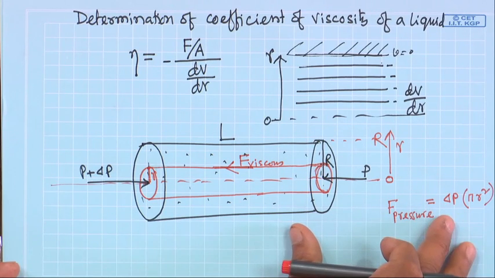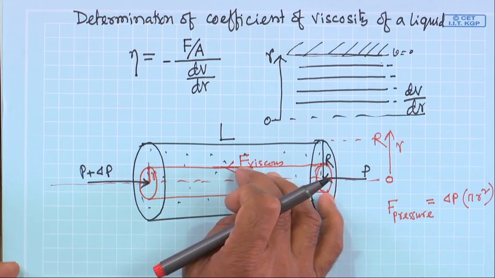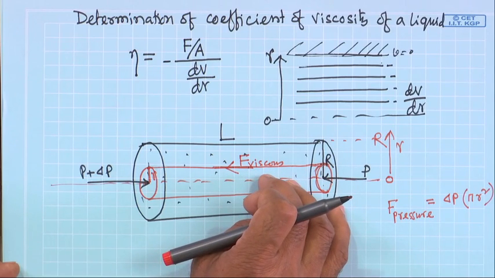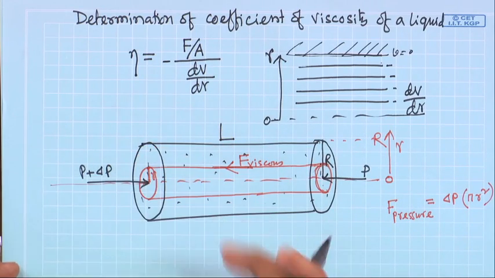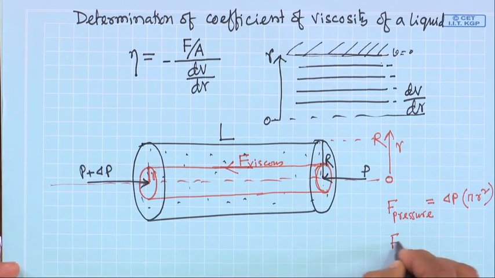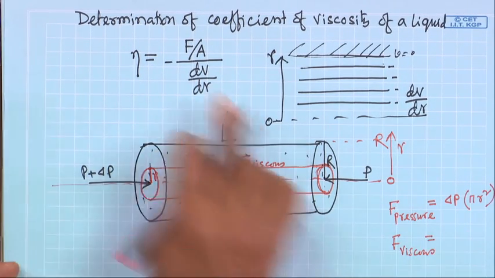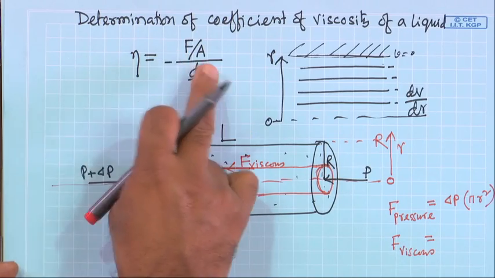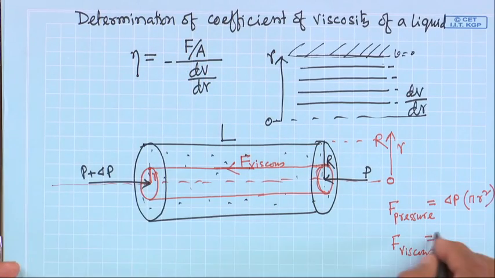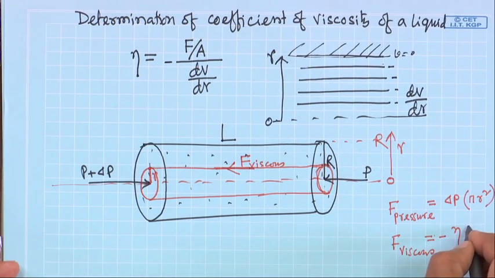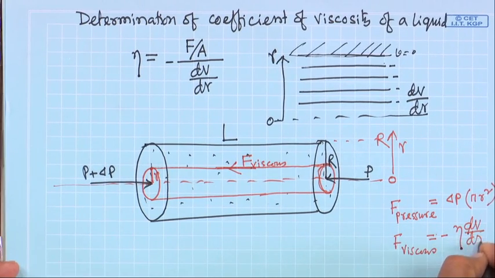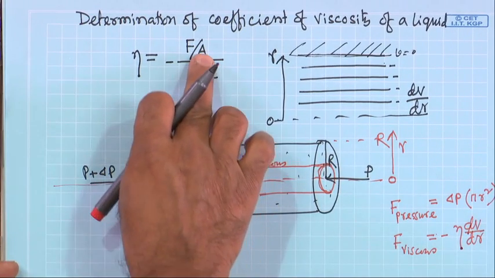Now, the viscous force is in the opposite direction. As I told, this will be minus eta dV by dr into A, the area.